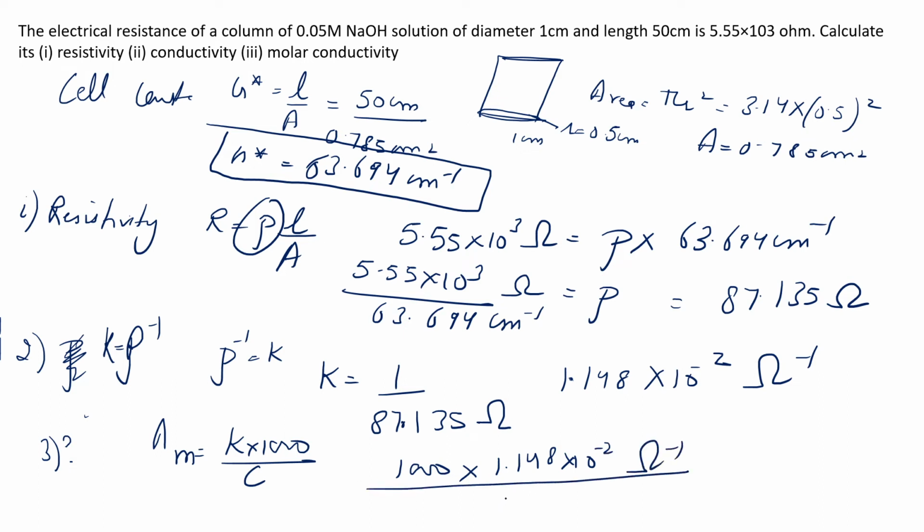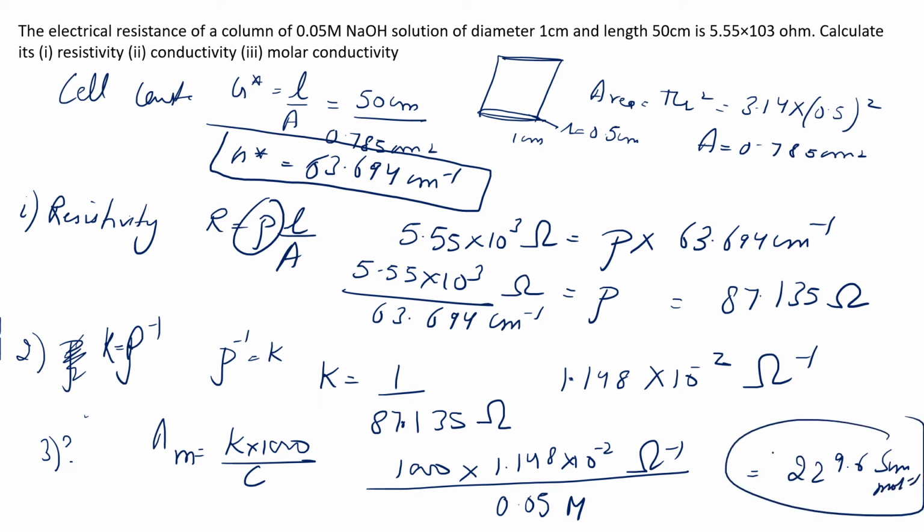Concentration they have mentioned, that is 0.05 molar. So solving the equation, we will get 229.67 centimeter square per mole. So this is the value for molar conductivity. That's how you are supposed to solve the equations.